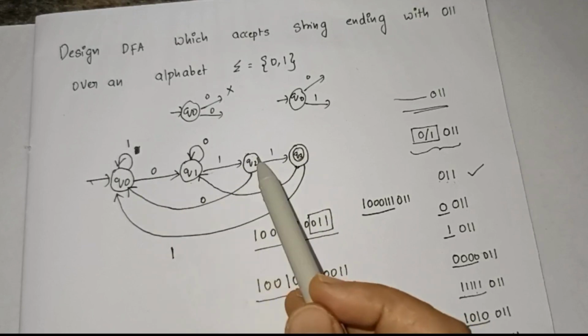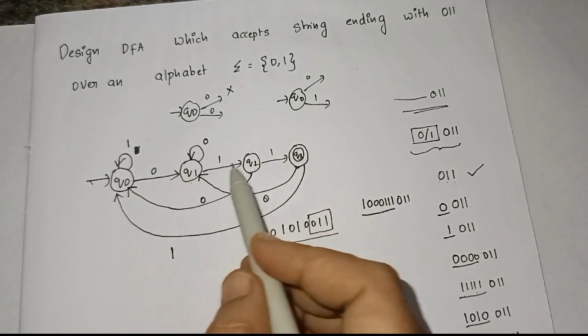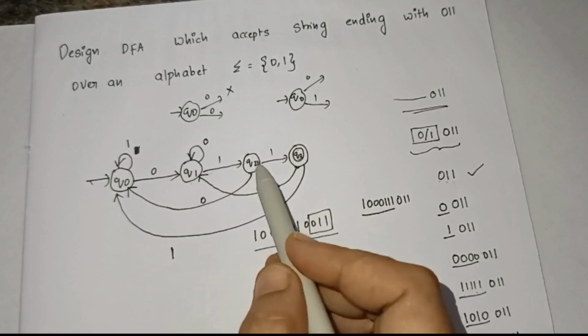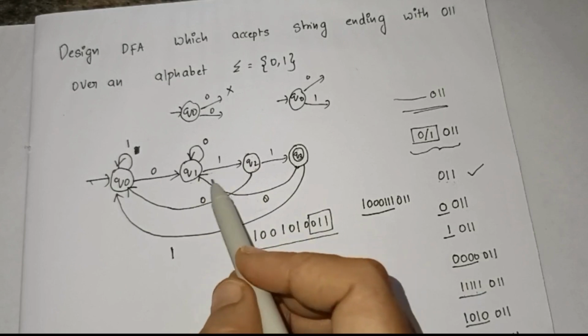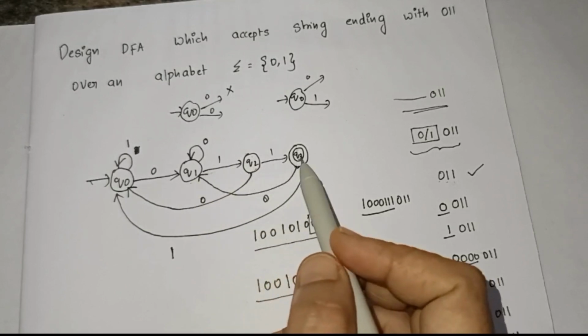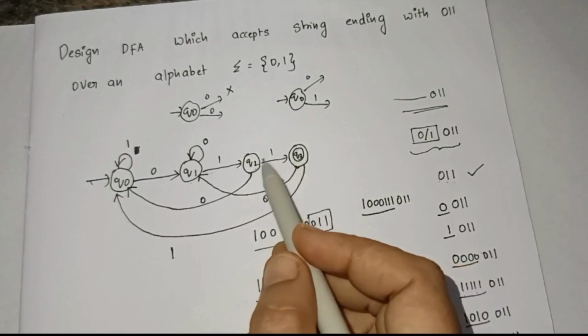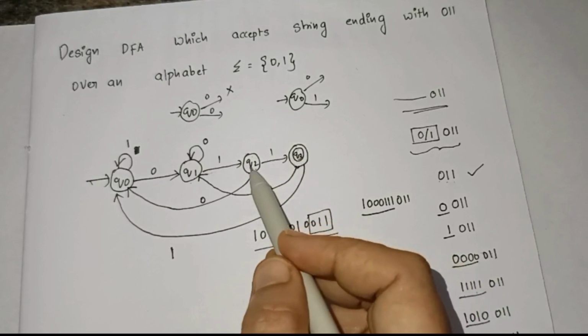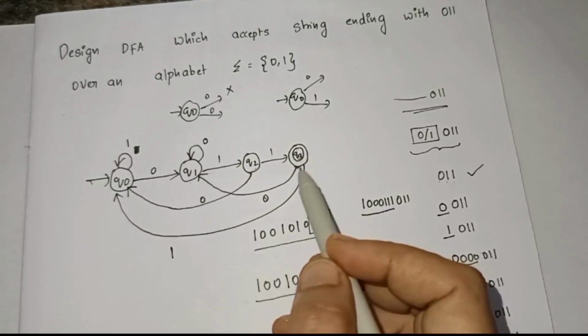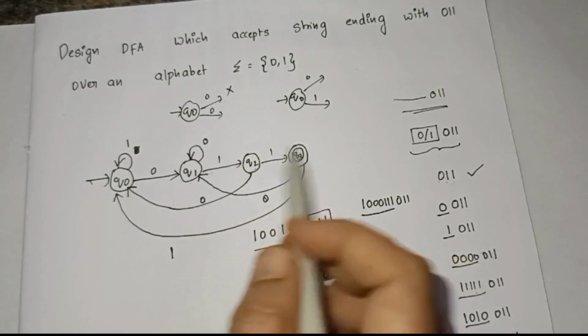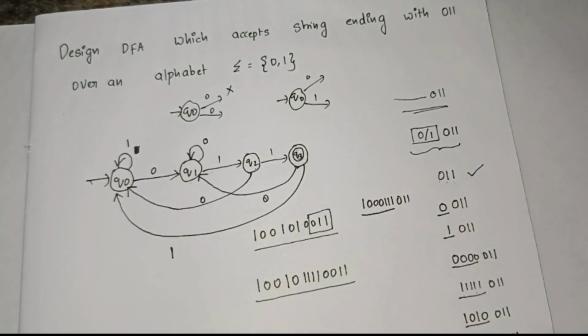Both are acceptable. From Q2 to Q1 also you can make a transition with 0. That is not a problem. But for Q3, don't go to Q2 because it will end up with 0 1. Better make all transitions to Q1 only. That will be a better idea for designing a DFA.